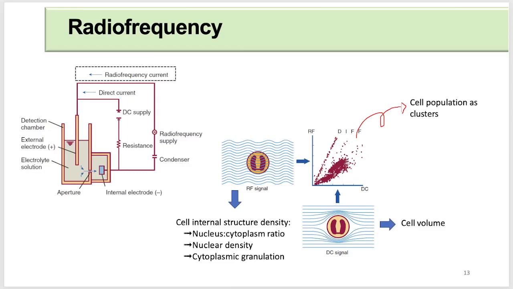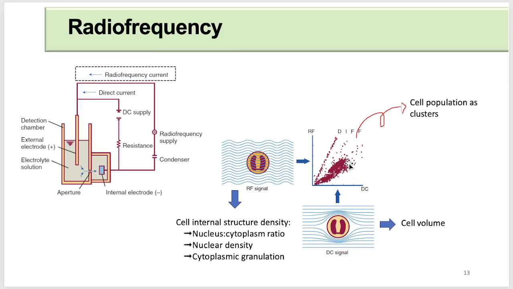And there will be two different cell properties because dalawa ang ating ginagamit, direct current and radio frequency. So therefore, we will be able to produce two different cell properties such as your low voltage DC impedance and RF resistance that can be plotted against each other to create now your two-dimensional distribution cytogram or your scatter plot.